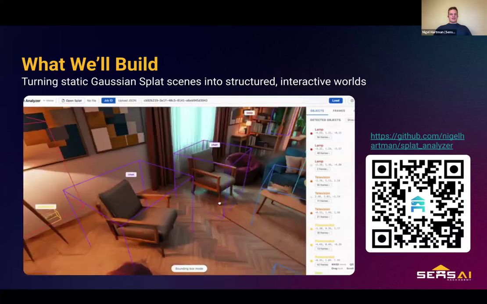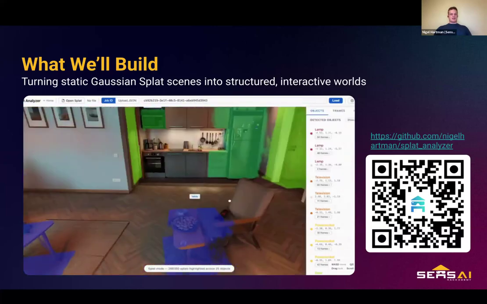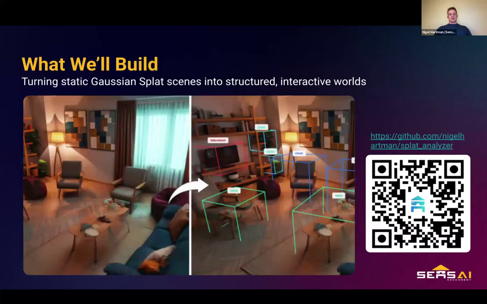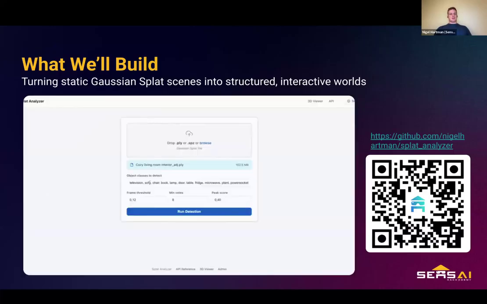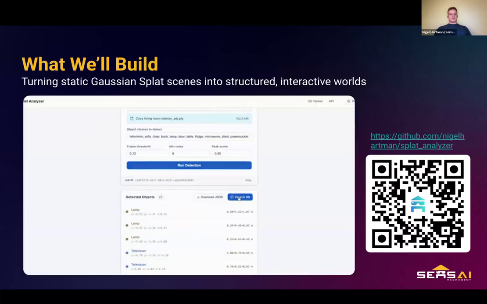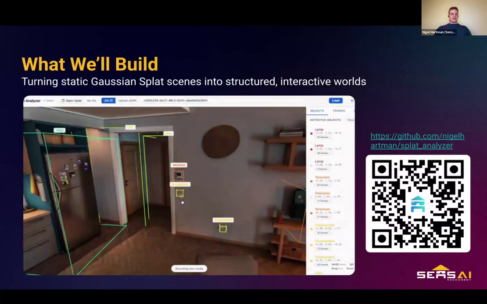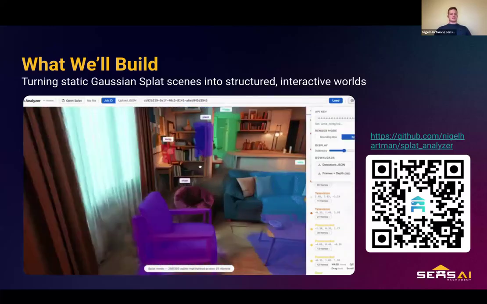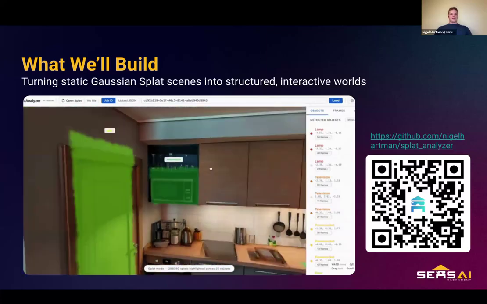And like you can see here, basically, you just upload, for example, a splat into our API, which we will provide to you on the site, or you can also run it locally. And you will find the 3D bounding boxes of your splat, so that you can build interactions or showcases of products inside of it, or all kinds of stuff.